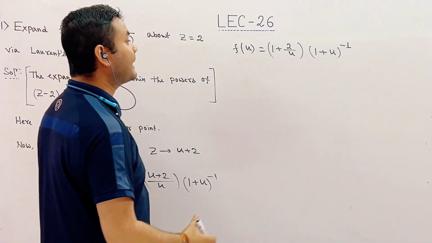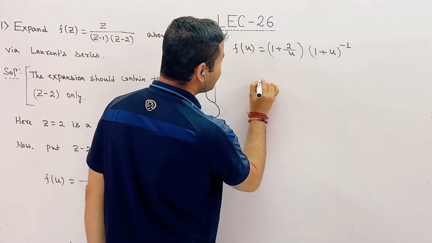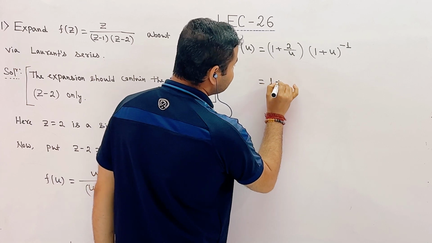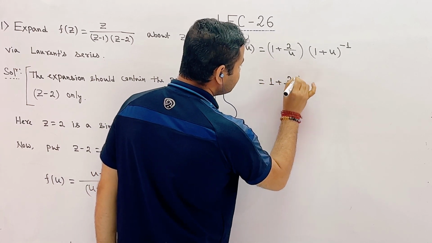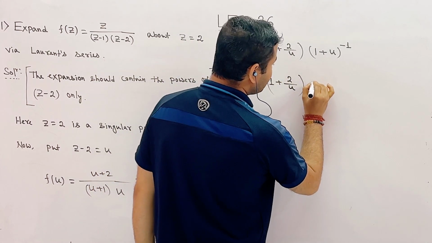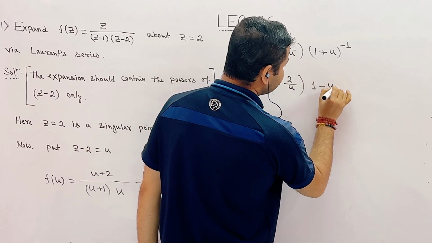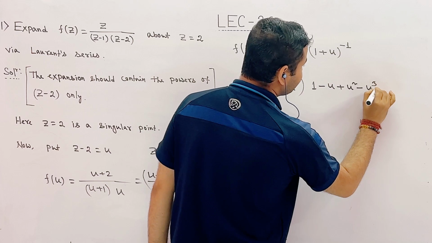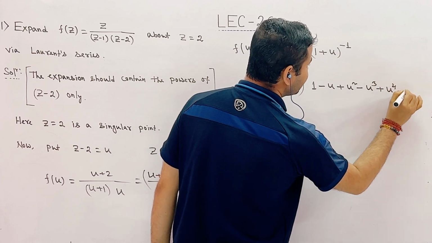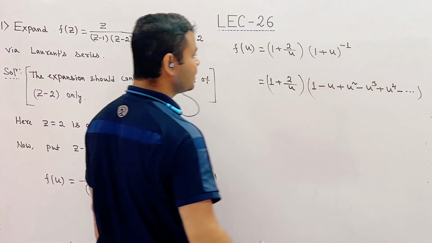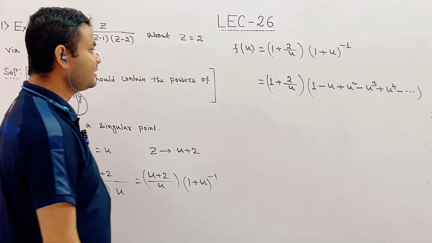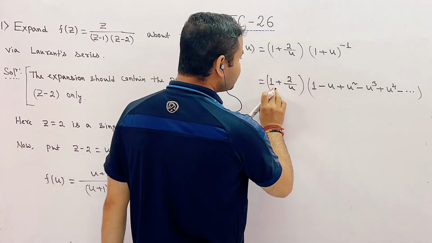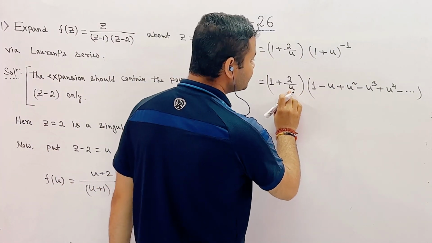Next, let us apply binomial theorem to expand this term. So, after applying binomial theorem, we will get 1 plus 2 by u into 1 minus u plus u square minus u cube plus u to the power 4 minus dot dot dot. Next, let us simplify by multiplying 1 with this term and 2 by u with this term.